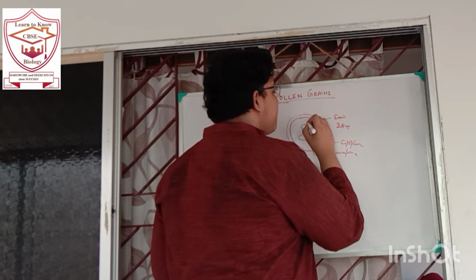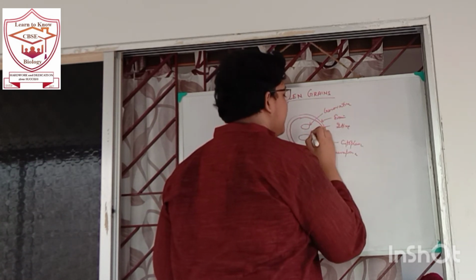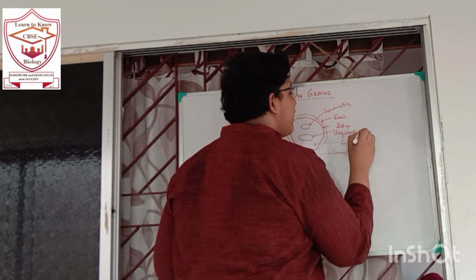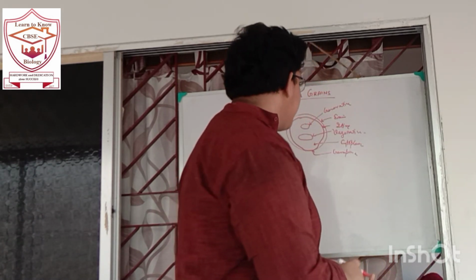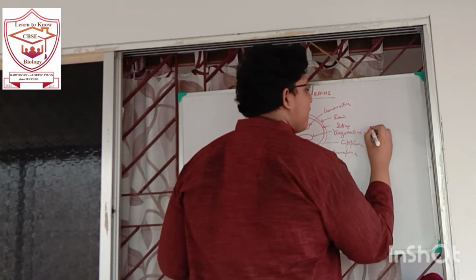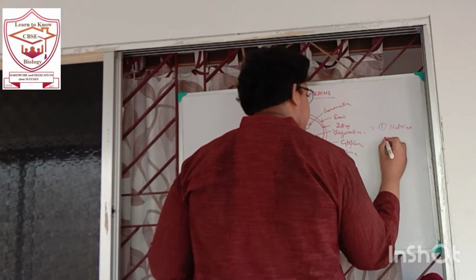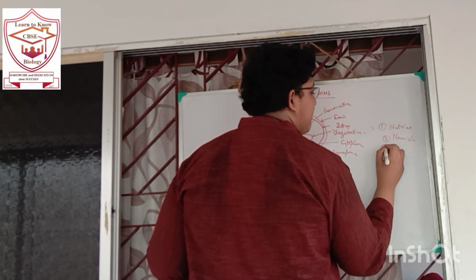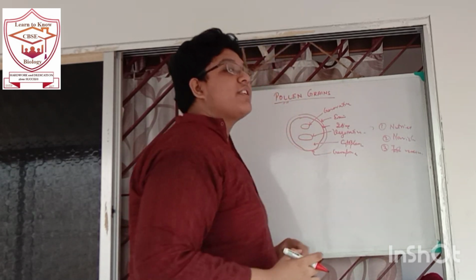Number one, the smaller one is the generative cell, and the larger one is the vegetative cell. Now, function. What is the role of the vegetative cell? The vegetative cell provides nutrients, nourishment, and acts as a food reserve for the generative cell.